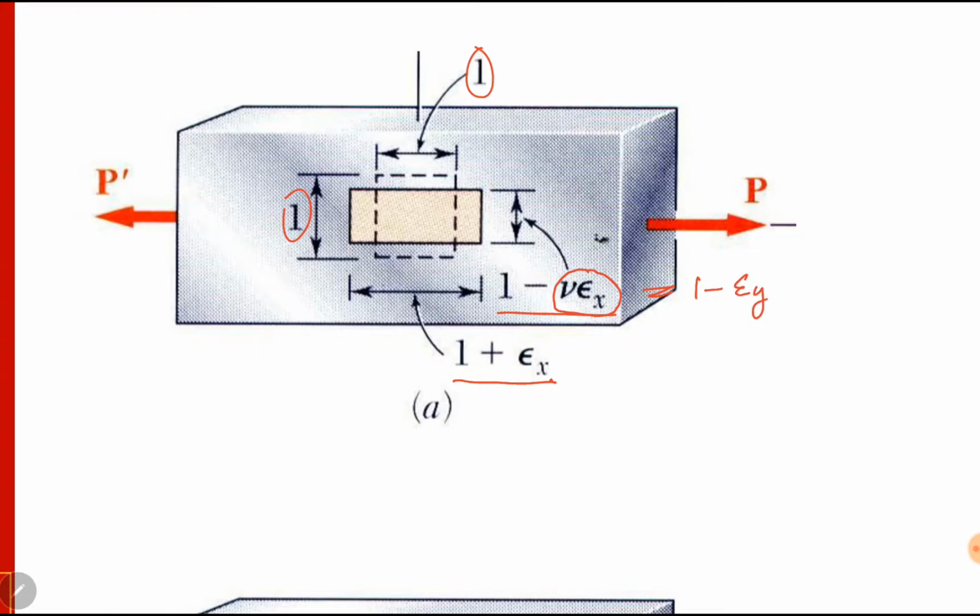Since epsilon y is unknown to us, we can write it as nu into epsilon x. Because there is no force in the vertical direction, all the deformations in the vertical direction will be due to this horizontal force. So we have to use nu here.